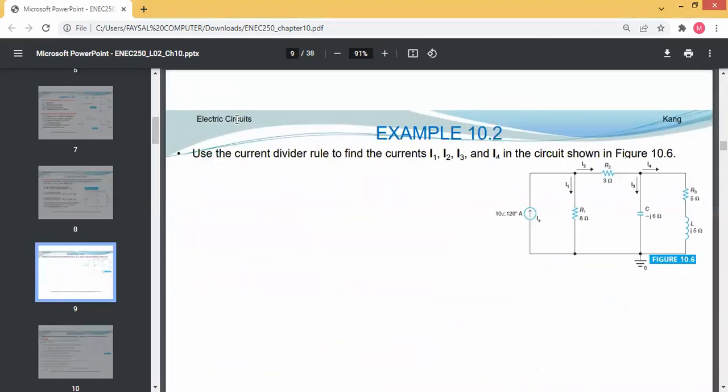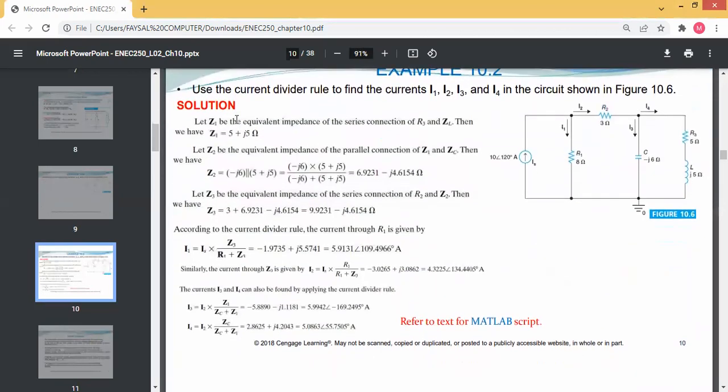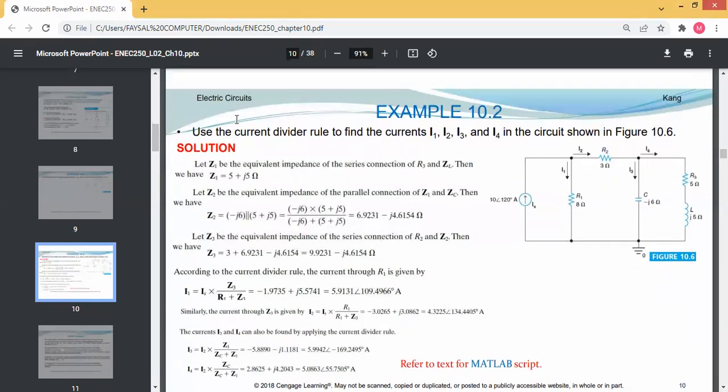Use the current divider rule to find the currents I1, I2, I3, and I4 for this circuit.